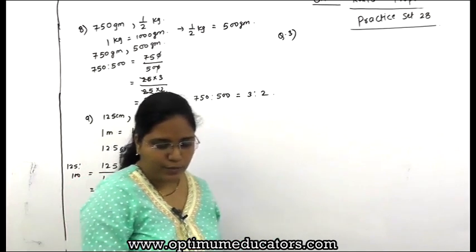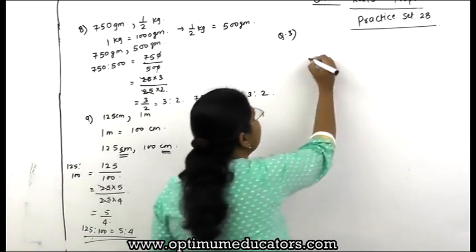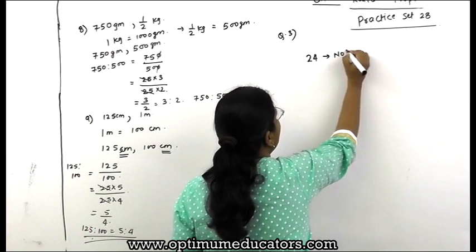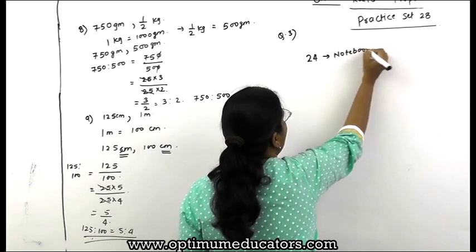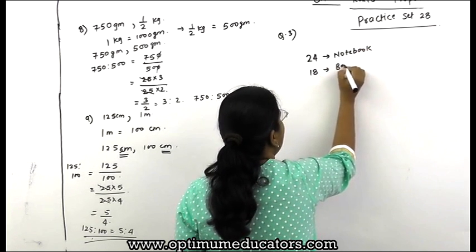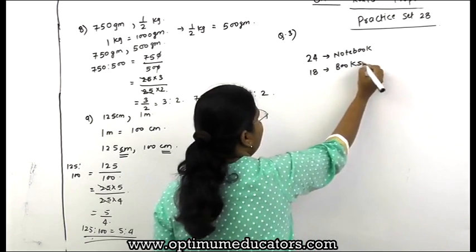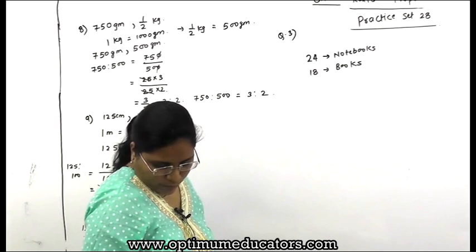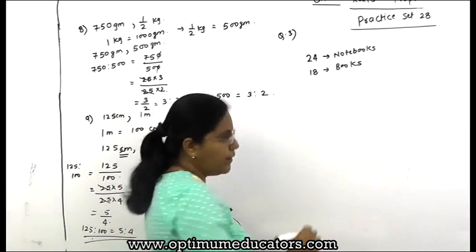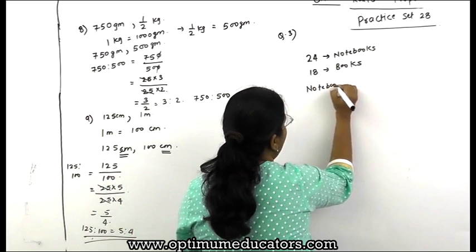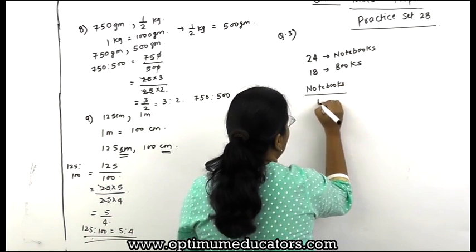She has 24 notebooks and 18 books. And we are supposed to find out the ratio of notebooks to books.